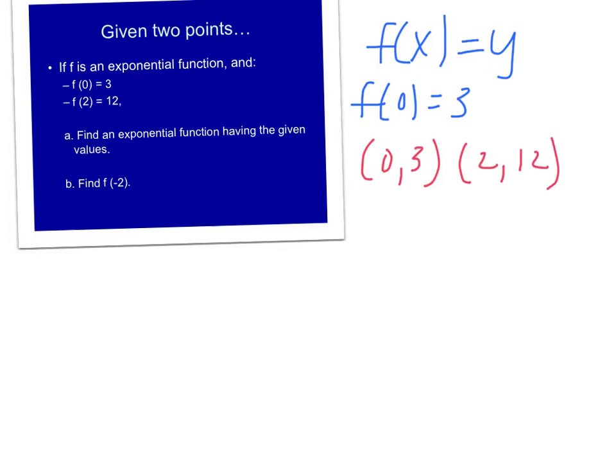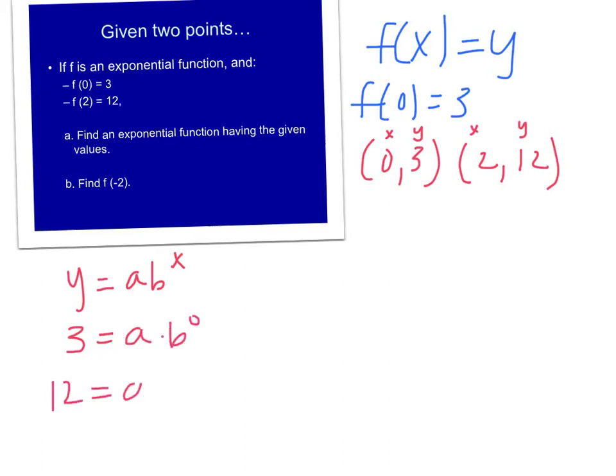In setting up a system of equations, in this case, we know y equals a times b to the x is our general formula for this. So I'm going to do that for both of these. I have an x and y here, and another x and y here. So for two separate equations, we have 3 equals a times b to the 0, and 12 equals a times b to the second.